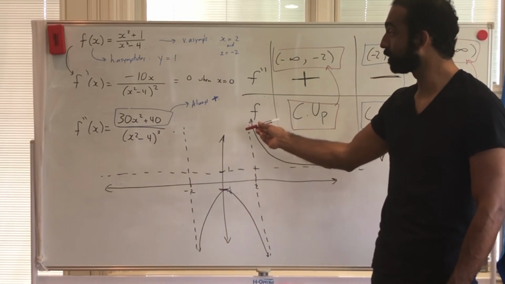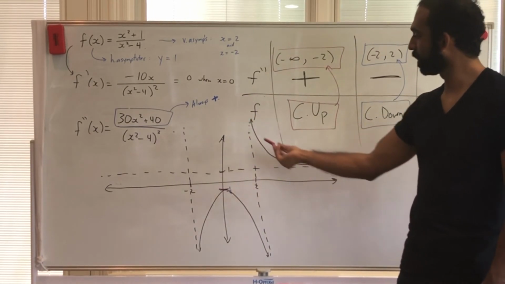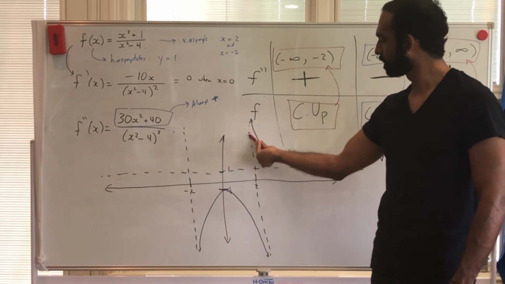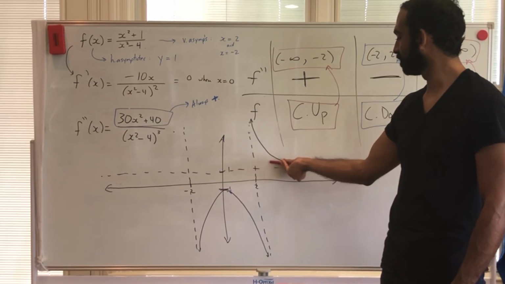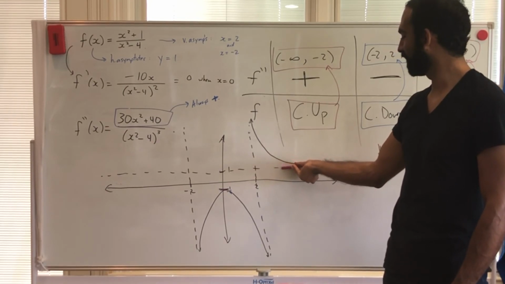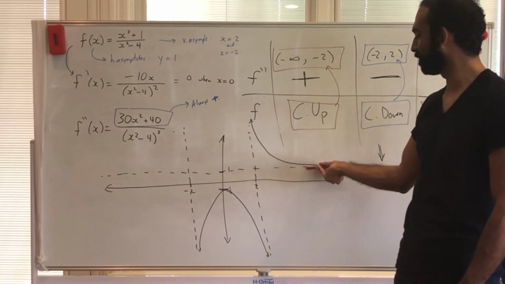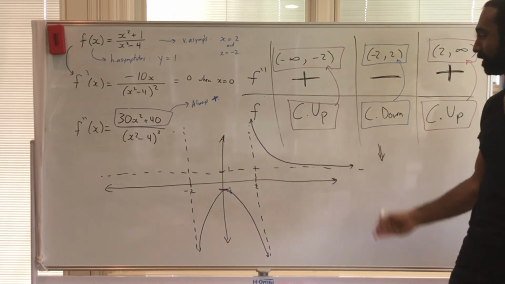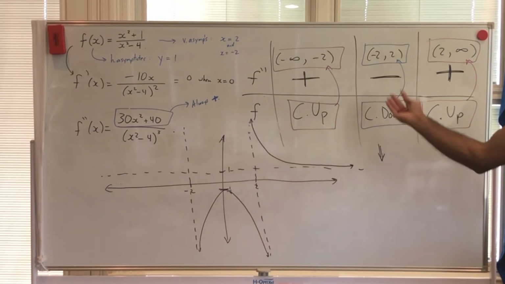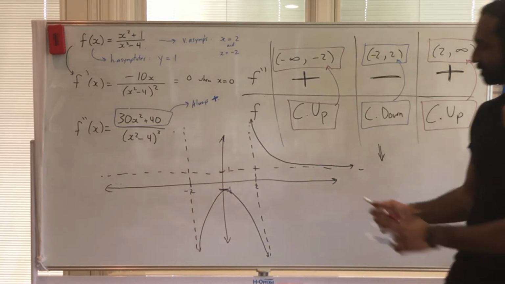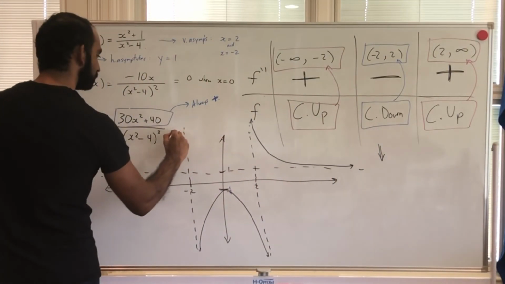Plain old f is decreasing, but the slope, let's say it's negative 10, now it's like negative 5, negative 3, negative 1, negative 0.1, negative 0.01, negative 0.001, but it's never hitting 0. So it's like just half of the upward U. And of course, same deal.